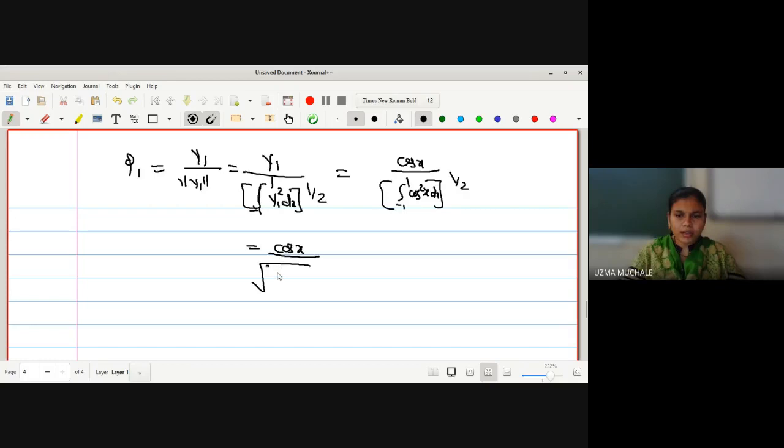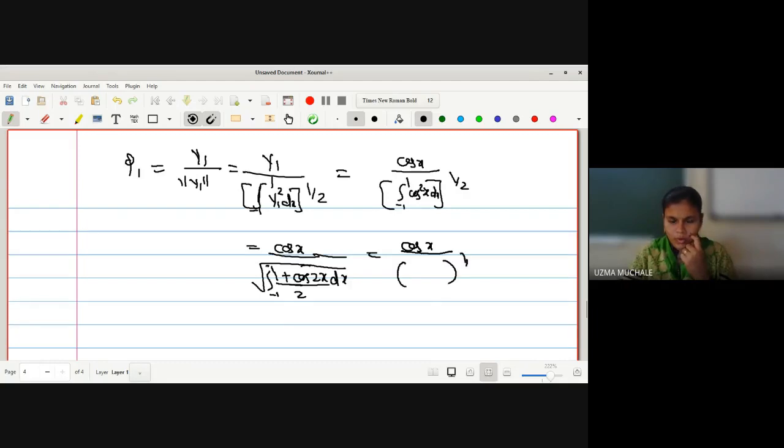That will be nothing but 1 plus cos of 2x divided by 2, integration from minus 1 to 1 dx. Let me evaluate here in short: integration of 1 plus cos of 2x upon 2. This 1 by 2 outside, integration of 1 is x within the limit 1 to minus 1.